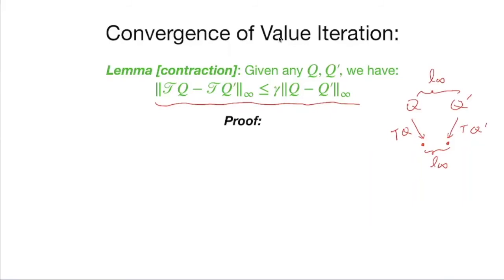Specifically, we will prove that it strictly decreases, in the sense that there's a gamma factor that is strictly less than 1. This is very similar to the thing that we proved for policy evaluation. So that's the goal we want to prove.